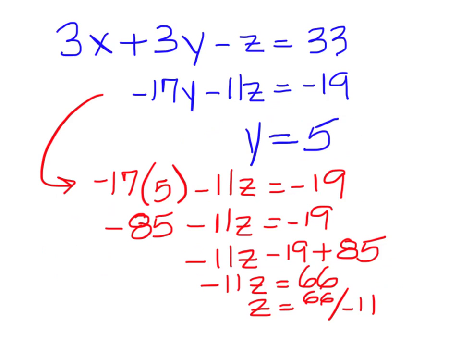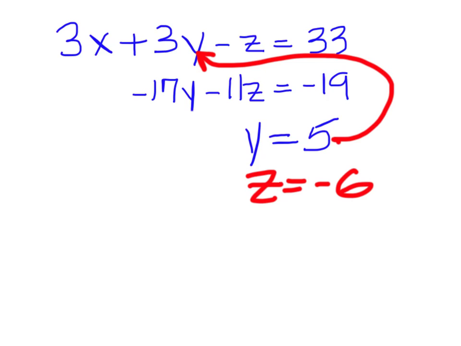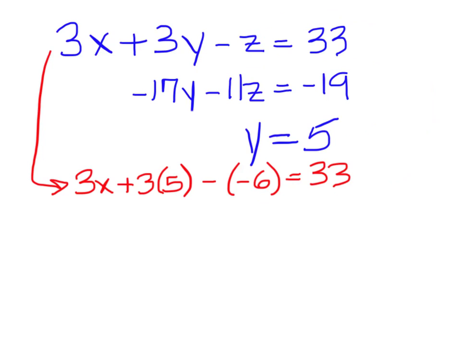So here's the original again. Once again, you're putting this one into there, and we found z to be equal to negative 6, so you're going to put that in here and solve for x. So there's 5 going in and negative 6. Simplify to get 15 and plus 6 from a double negative.